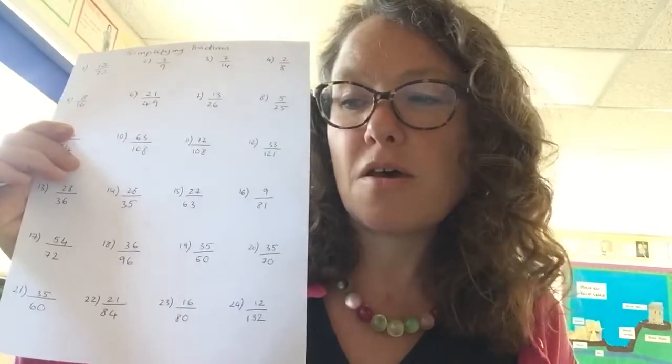Maybe you could write some of your own fractions and then simplify them. Try and make them really fiendish, really difficult. So you do the 24, and then if you've got time, maybe do 10 more fractions and then simplify those as well and make them really hard.